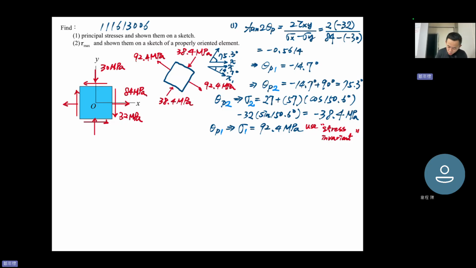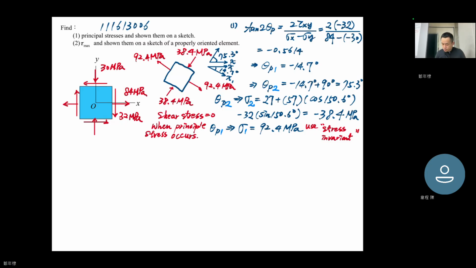All right. So I will mention here: shear stress equal to 0 when principal stress occurs.